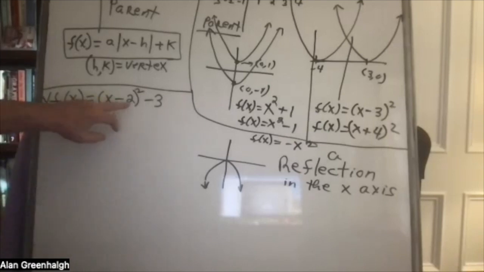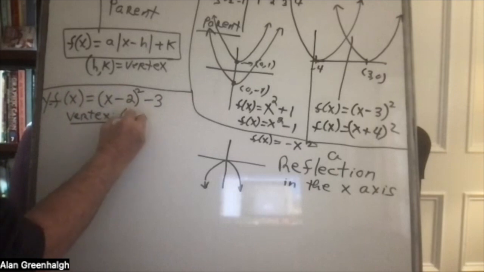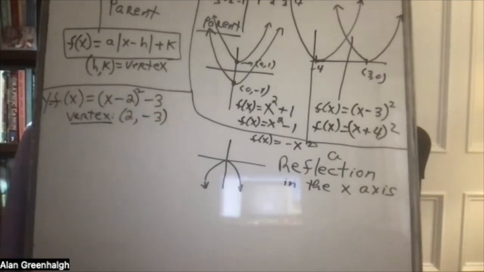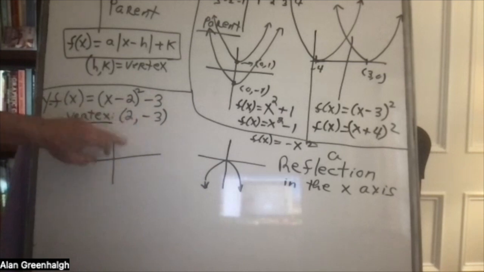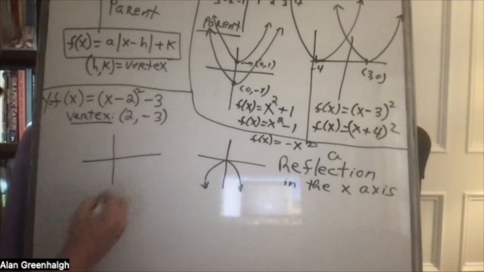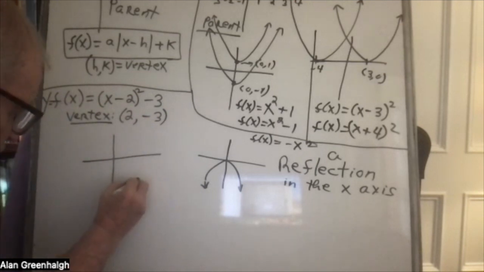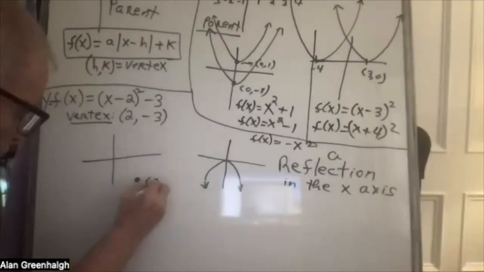And the vertex will be the opposite of -2, which is 2, -3. As we go along, we should graph it and see what this thing looks like. So we're going to start at 2 in the x direction, -3 in the y direction. This is where it is, 2, -3.